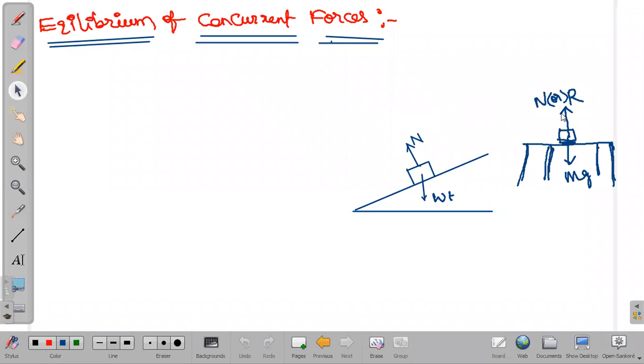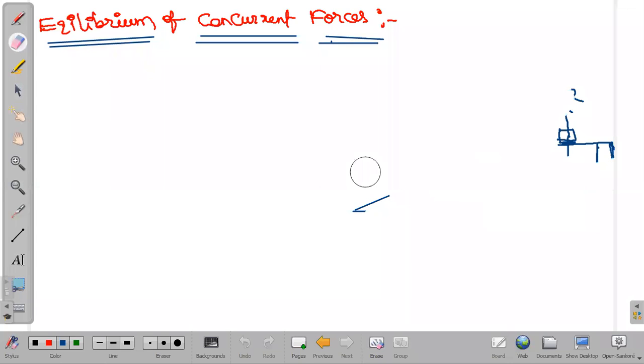Generally we won't consider this example. I will show you how exactly concurrent forces will be taken. Let me erase this, then I'll continue with the concurrent forces example.